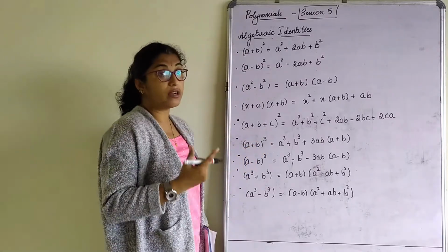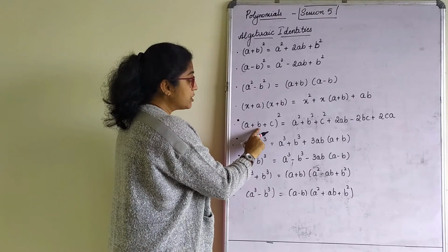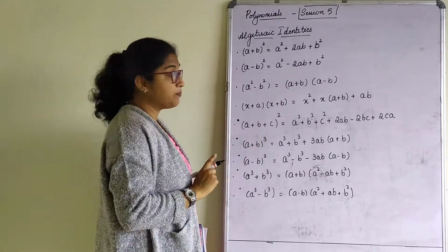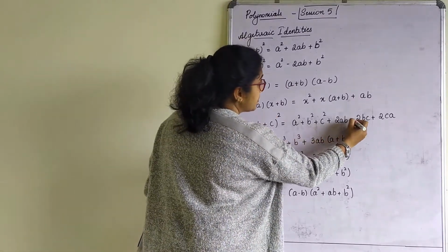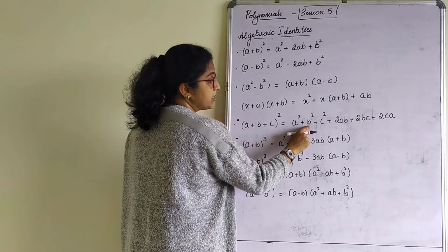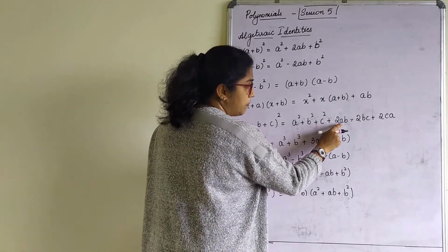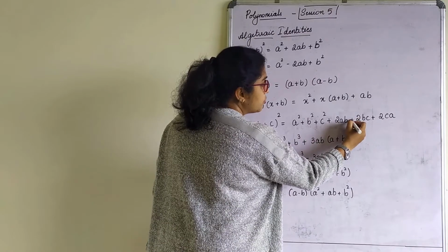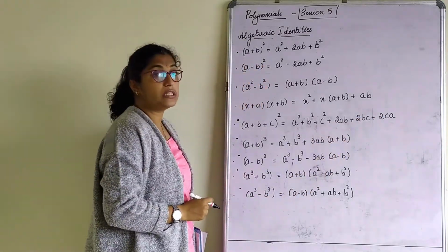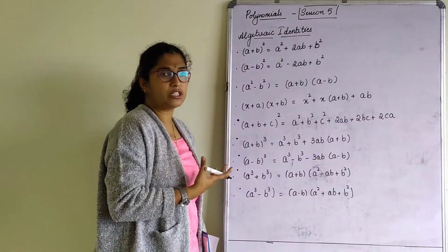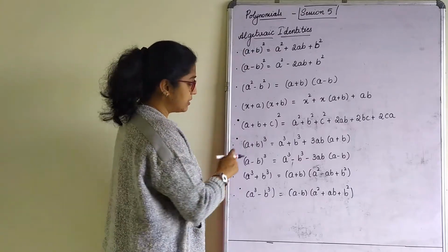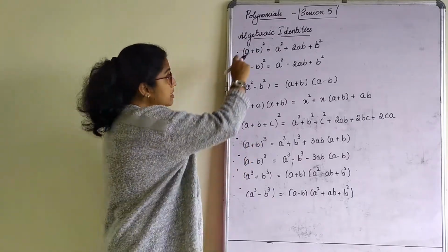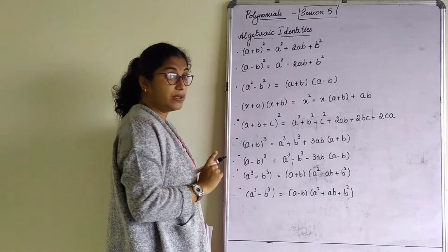Now we have a trinomial, that is (a plus b plus c) whole square, written as a square plus b square plus c square plus 2ab plus 2bc plus 2ca. We need to only substitute the values of a, b, c in this. (a plus b) whole square was done. Now (a plus b) whole cube.